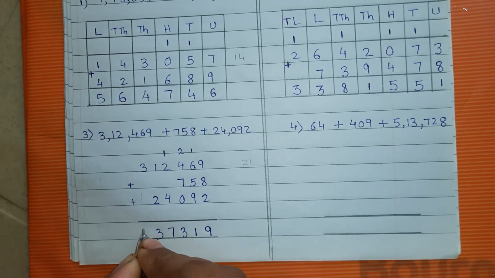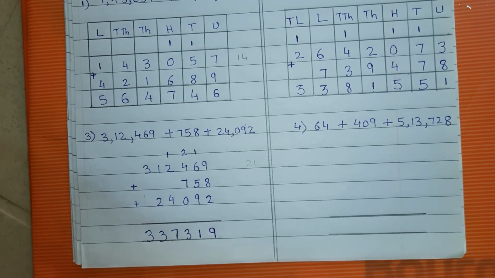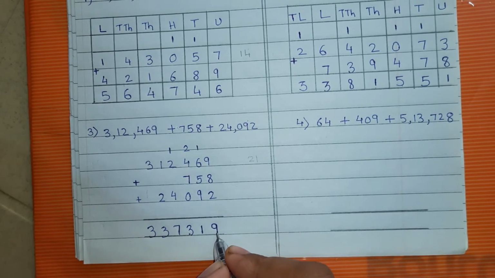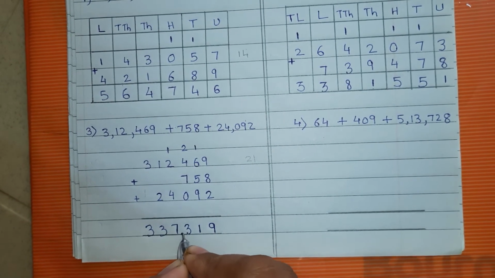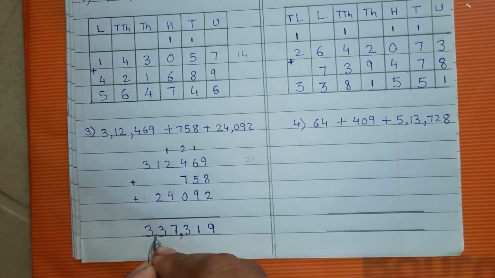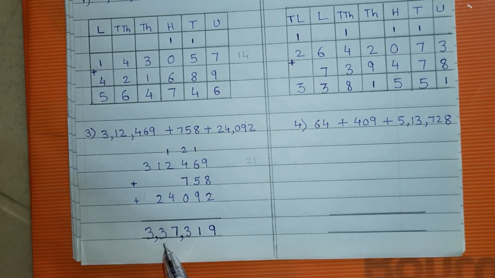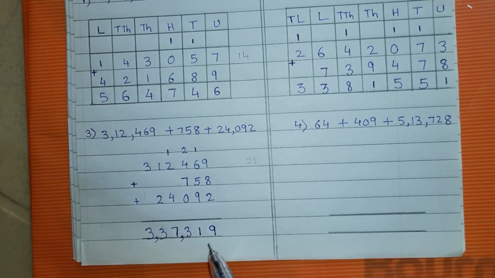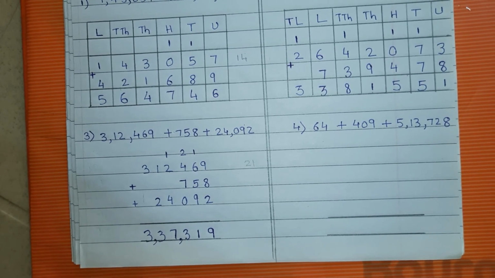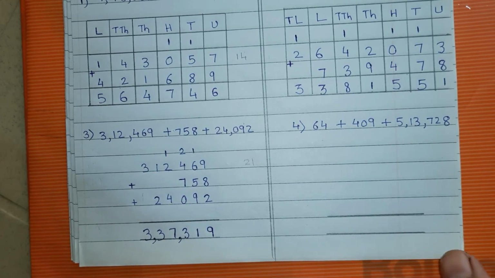So this 3 will be written as it is. Now how to give commas? Start from the ending. 1, 2, 3, comma, 1, 2, comma. So your answer is 3,37,319. Understood how to write the numbers?